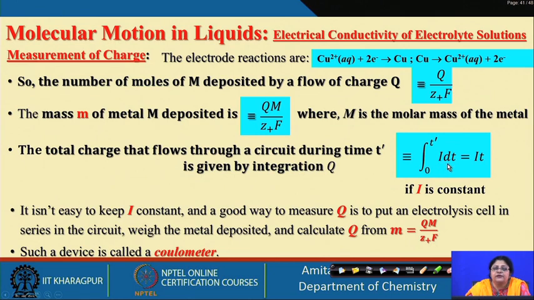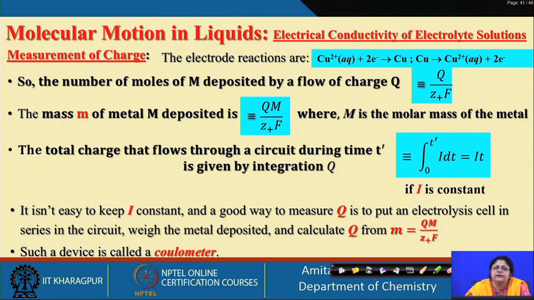Since I is a constant, the integration of dt is nothing but t. So, the total charge that flows through the circuit during the time interval t prime is equal to I t.